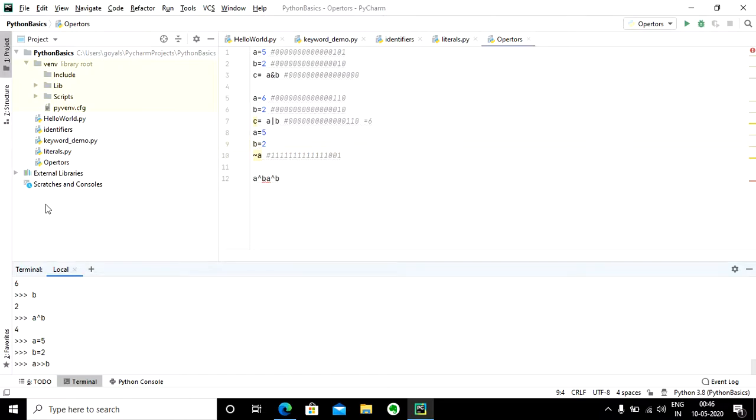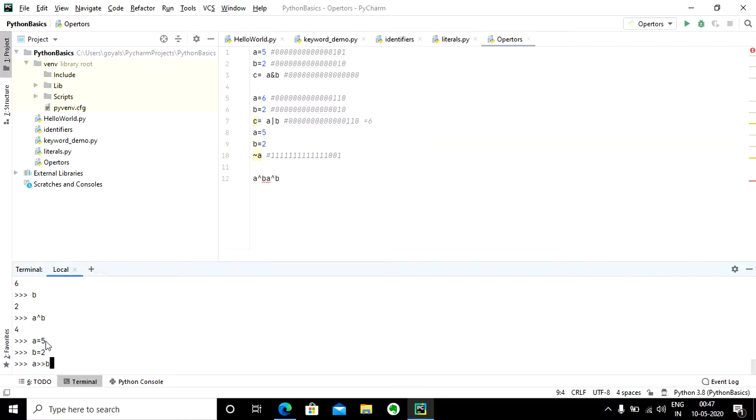Here what is going to happen is that A would get shifted two bits to the right. The LSB, or the rightmost two bits, would get dropped.